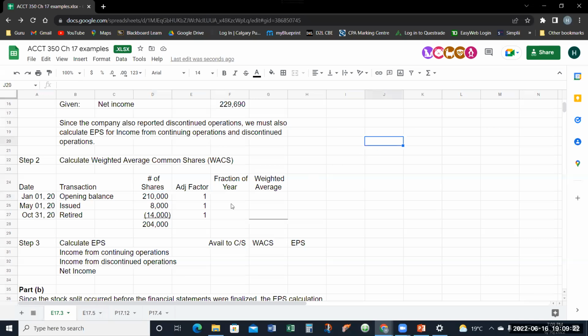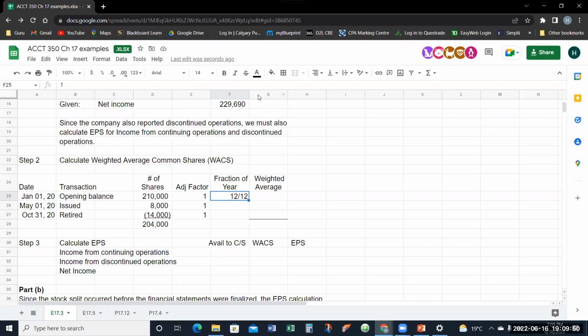Now, the third thing I want you to look at is the fraction of the year. Remember, the year has 12 months. So what fraction of the year have these 210,000 shares been outstanding? Well, from Jan 1st, 2020 up to December 31st, 2020, that's 12 months, so 12 out of 12. You can do this with custom formatting in Excel.